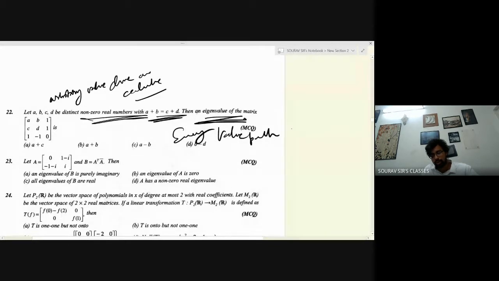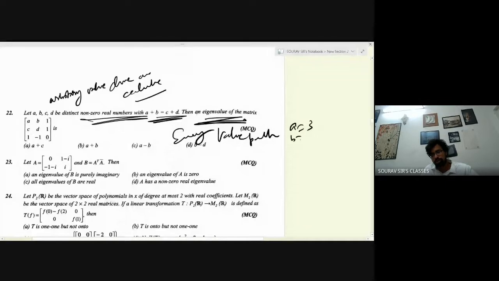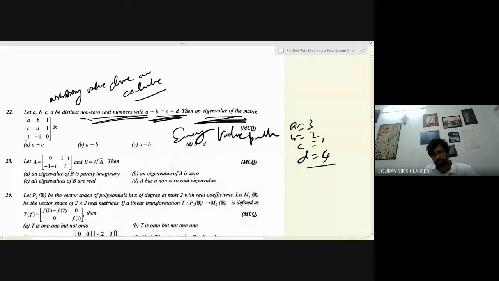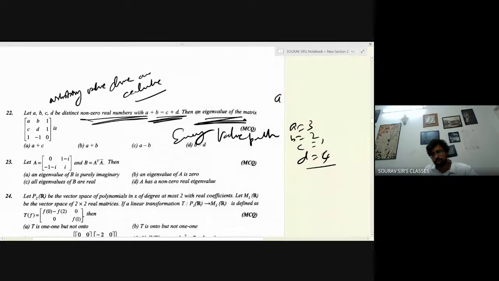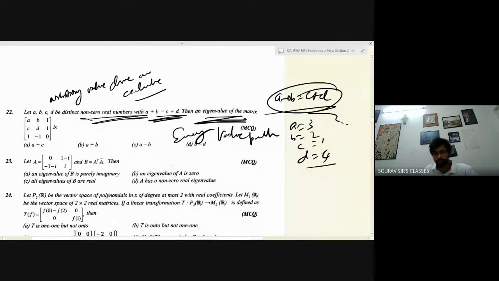You can take a combination like A equal to 3, B equal to 2, C equal to 1, and D equal to 4. It's like A plus B equals C plus D. Always remember that in these kinds of cases, once you form it, you have to cross check that A plus lambda, so lambda equals A plus C. So this is not possible in that way.